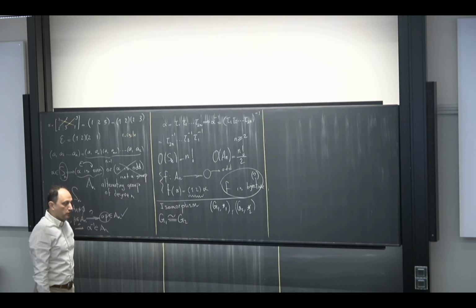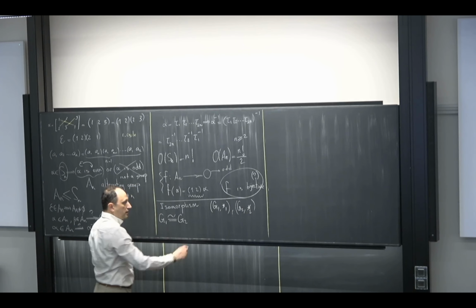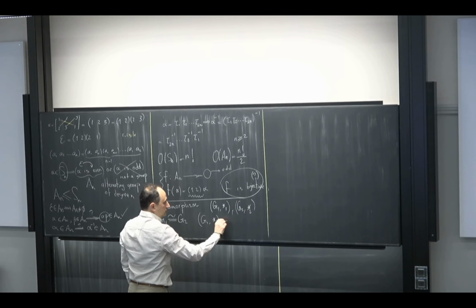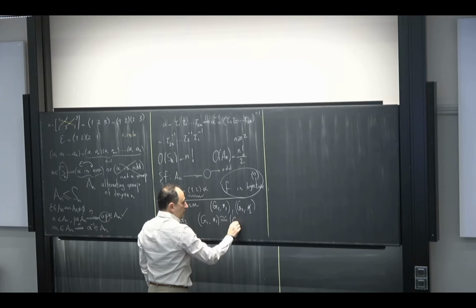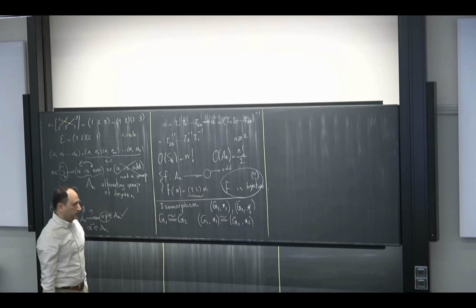Or if I want to emphasize the operations, I can also write this. It doesn't matter; if you really want to emphasize the binary operations, you can pick one of them.